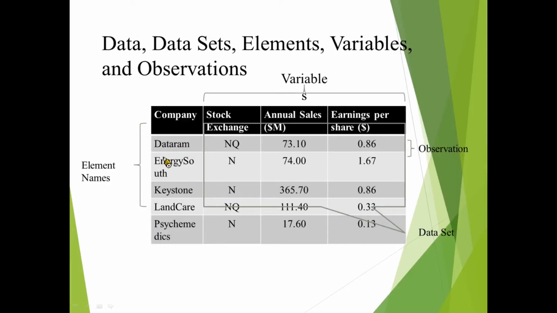Maybe they have different companies. They need to get the data, and this is the observation. So when you do quantitative research, you will get this kind of data set.